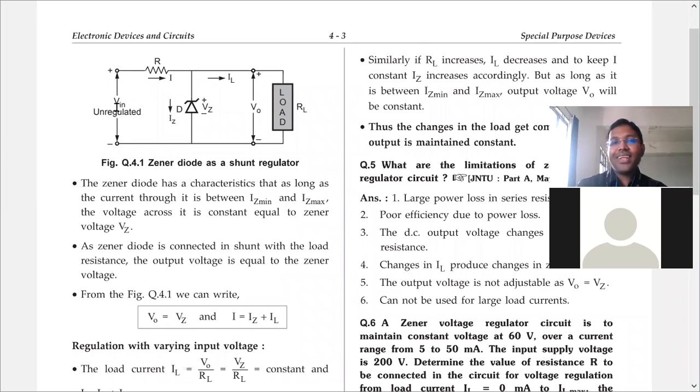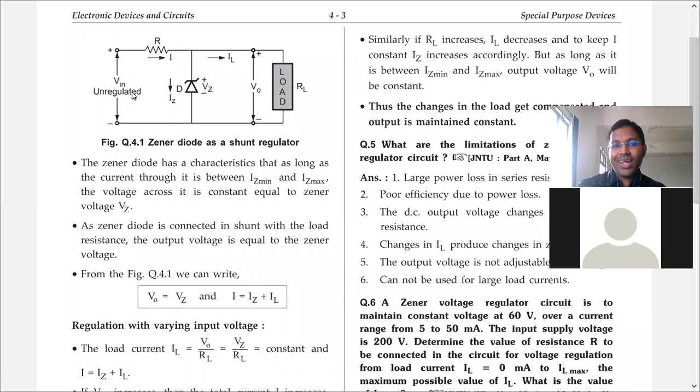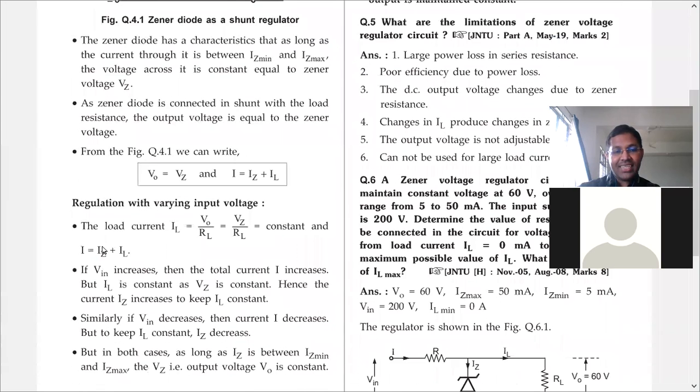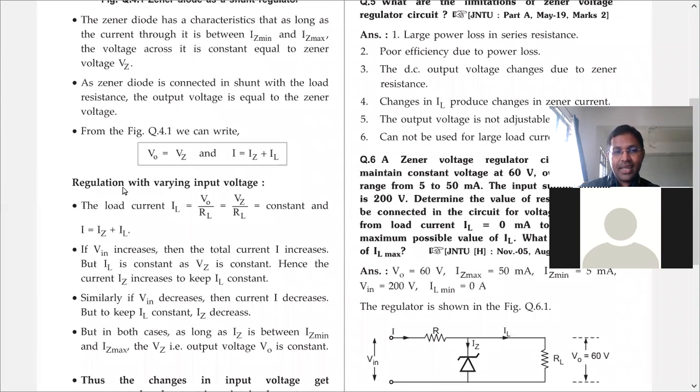So when the input voltage increases, what will happen to I? Will it increase or decrease? Logically, what do you think? Increase, very good. So when input voltage increases, I increases. We have already seen the expression I equals Iz plus IL.